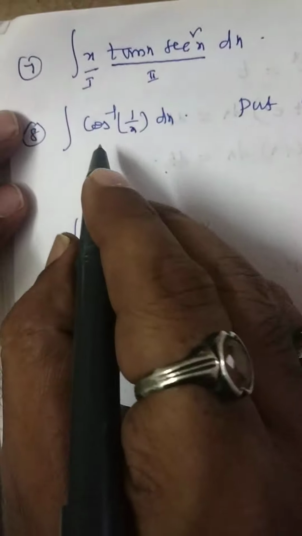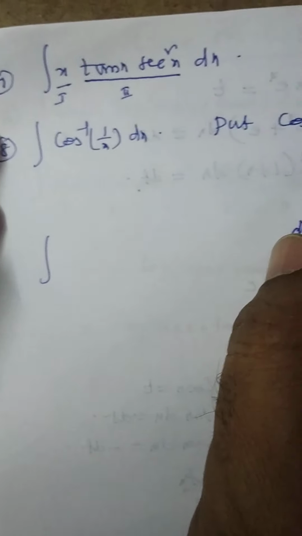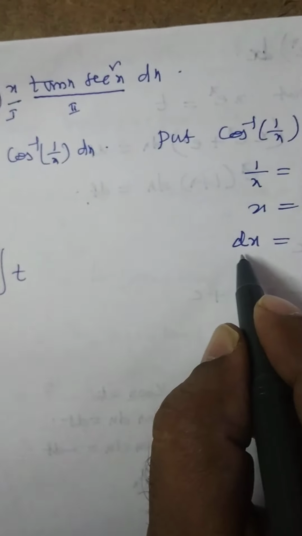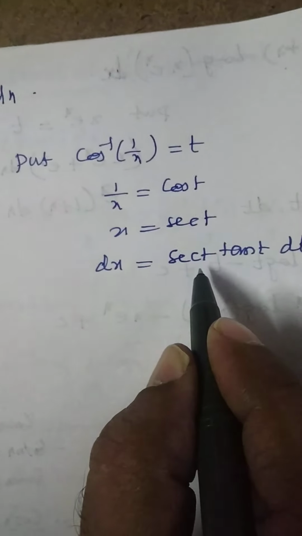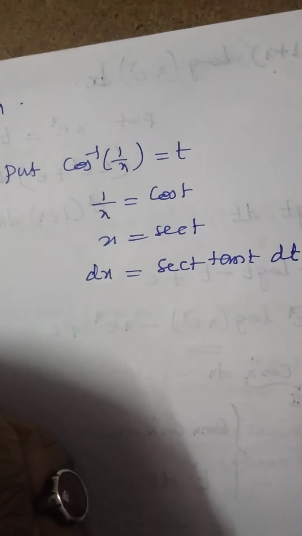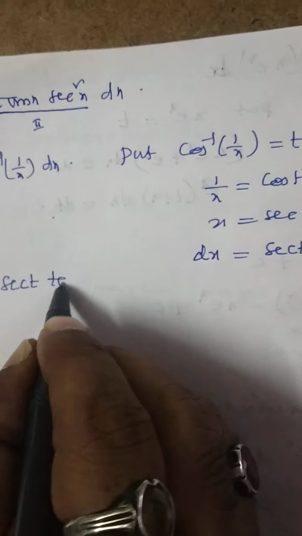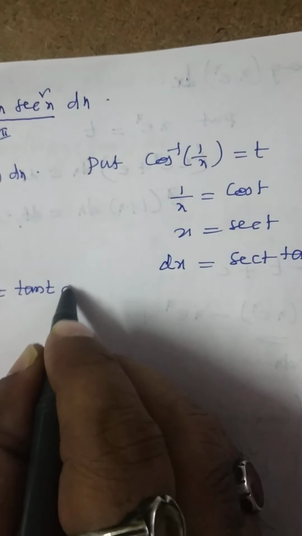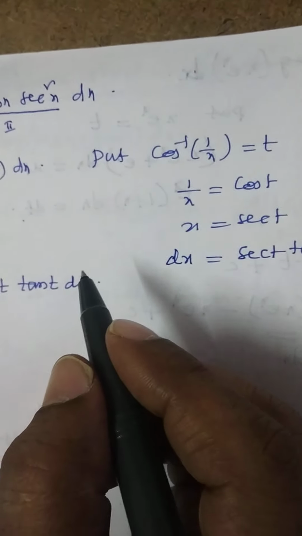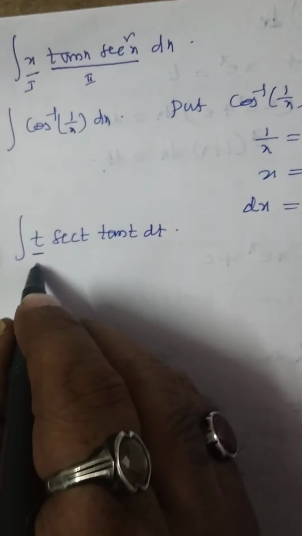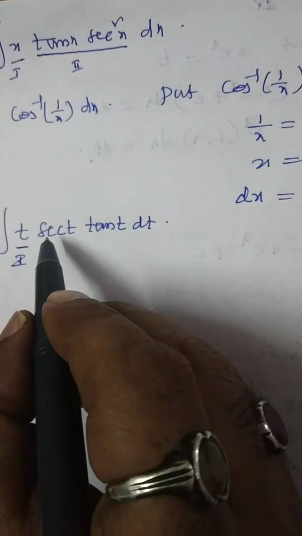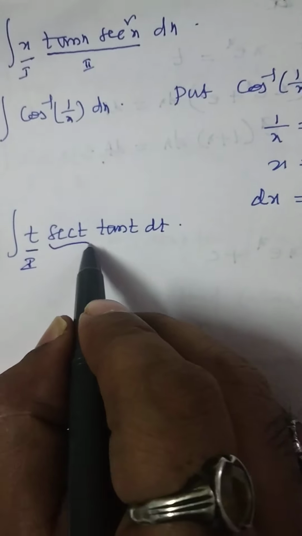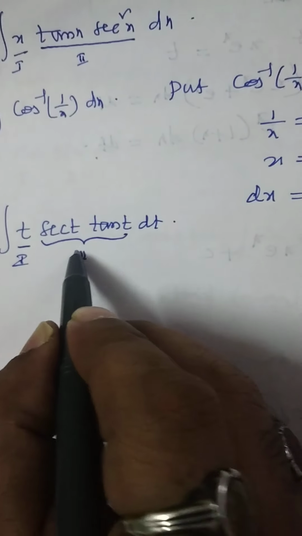So integration of cos inverse of 1 by x, which I had assumed as t, and dx value is equal to what? Dx value is equal to secant t into tan t dt. So here again take this t as the first function and secant t into tan t as the second function.